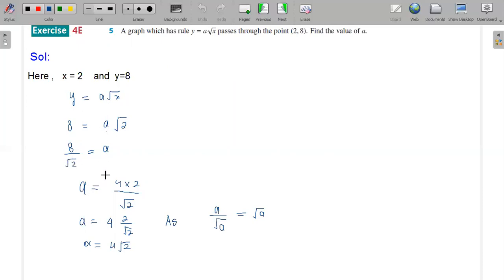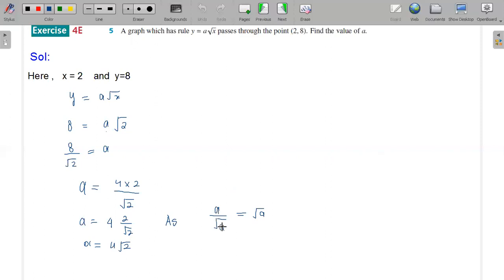And when I saw the answer was written in this form, we can change our answer in this form, because 8 can be written as 4 multiplied by 2, divided by square root of 2, and we can write this as 4 multiplied by 2 divided by square root 2. This is a rule in maths that a number divided by square root of that number is always equal to square root of the same number.